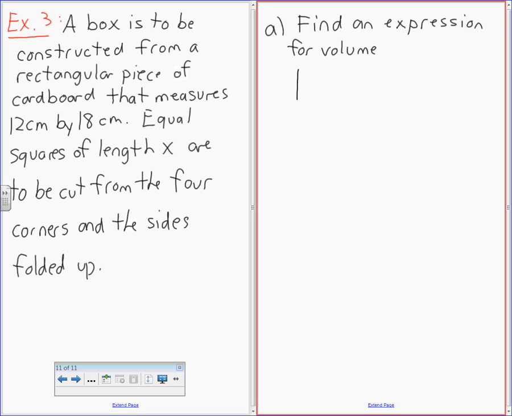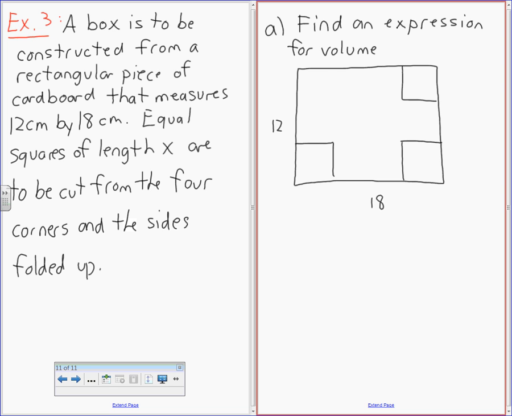You're starting with a 12 by 18 rectangle. When you actually make a box, what is actually going to happen though is you're going to cut out 4 sides like this, each of length x. And then this side will fold up like that. So the way we're going to do this here, we have to get an expression for length and width and height.